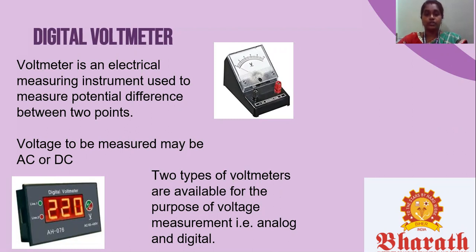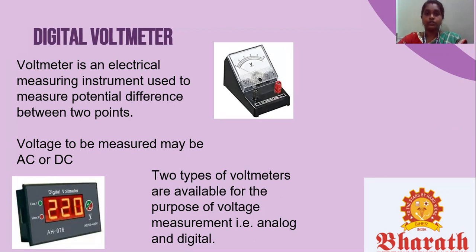Analog voltmeters generally contain a dial with a needle moving over a scale according to the measured value and hence display the value. With time, analog voltmeters have been replaced by digital voltmeters due to the advantages associated with digital systems.